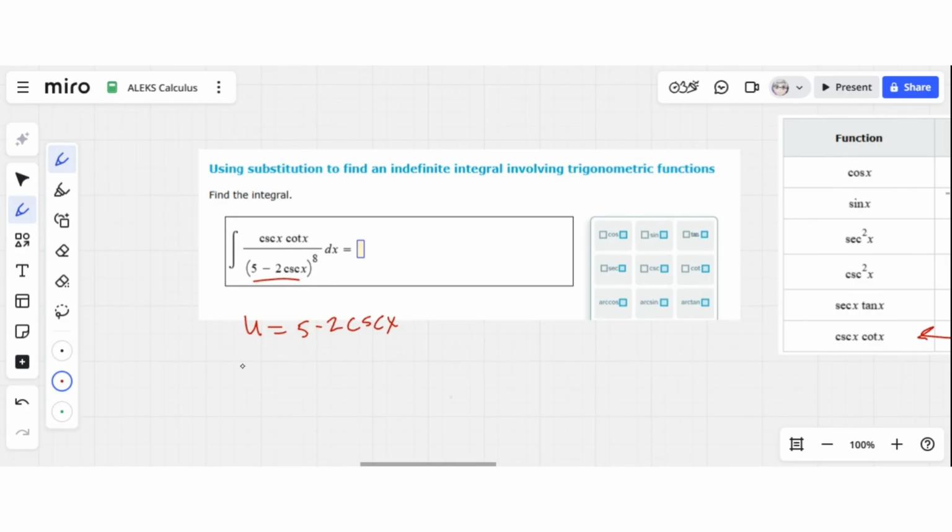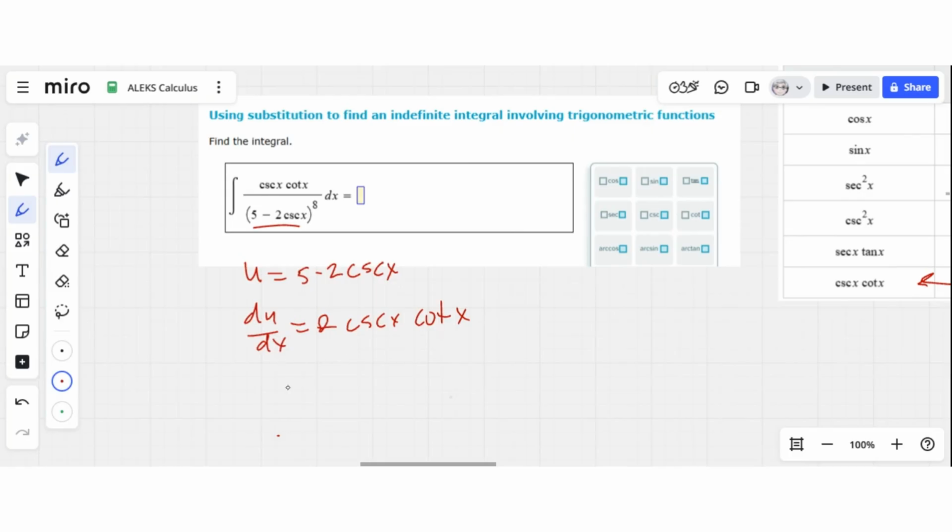And what we do next is we take the derivative of u with respect to x. So du dx, and 5 just goes to 0, and then we've got negative 2 cosecant x. So we're going to have the 2. Remember, the negative cosecant goes to a positive cosecant cotangent. So this is positive 2 cosecant x cotangent x.